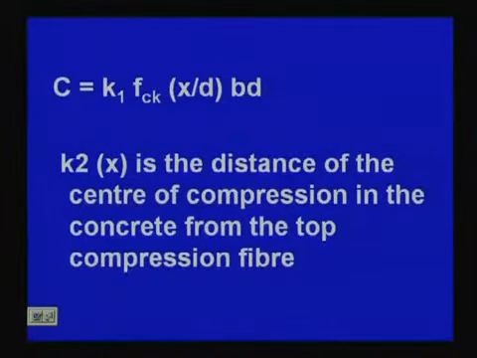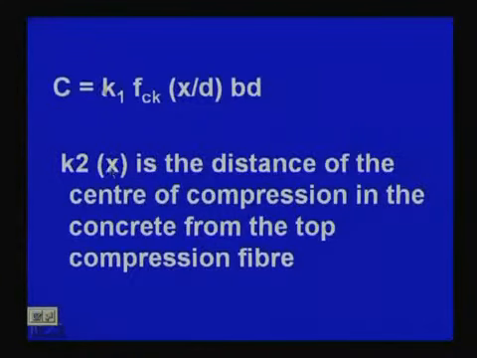We have already derived this equation, C equal to K1 fck x by d times bd. These two should be suffix. So K2 times x is the distance of the center of compression in the concrete from the top compression fiber. That I am repeating a number of times.